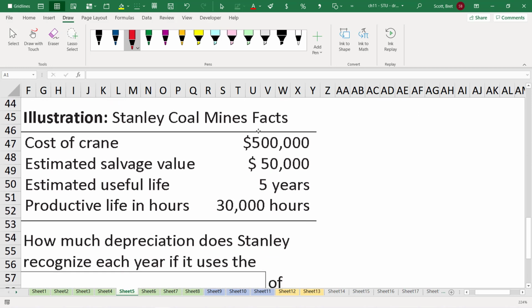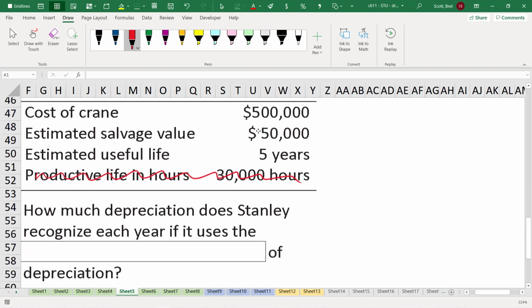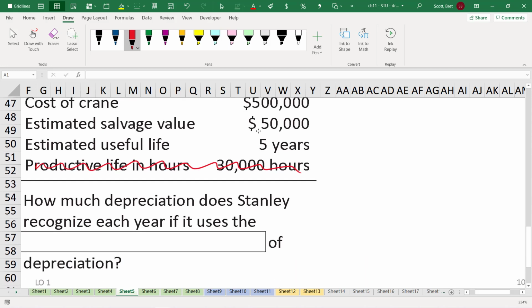So down below, here's what we need to focus on, okay? We're not going to worry about the productive life in hours. The reason why is because we want to figure out what is depreciation using the double declining balance method, in which case it's somewhat akin to or related to the straight line method.